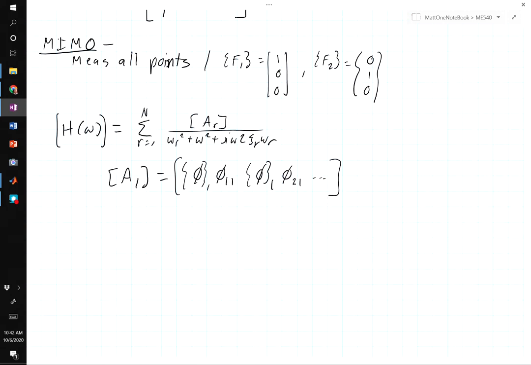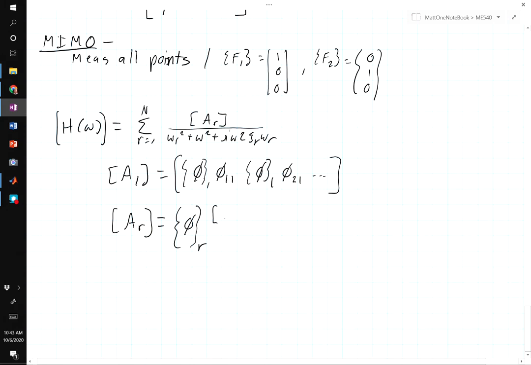So anyway, we can show that that matrix is equal to the product of a column vector, which is the rth mode in general, times a row vector that has that same mode at all of the points that were tested.